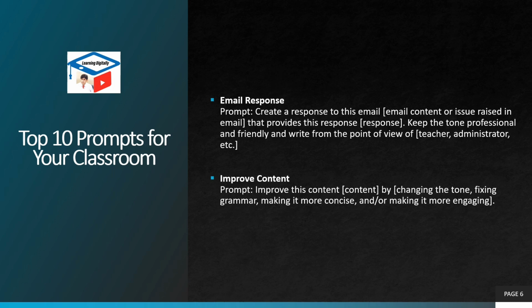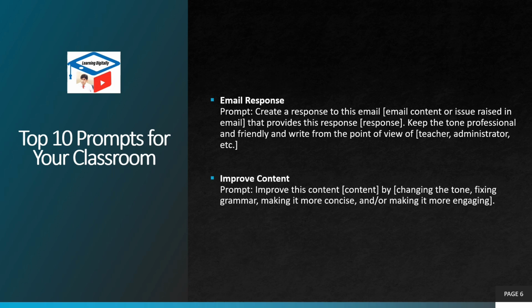And number 10 and last prompt is improve content. This is a very important prompt because we write several types of content, but there may be errors in that content. The error may be grammatical, of tone, or any other error.